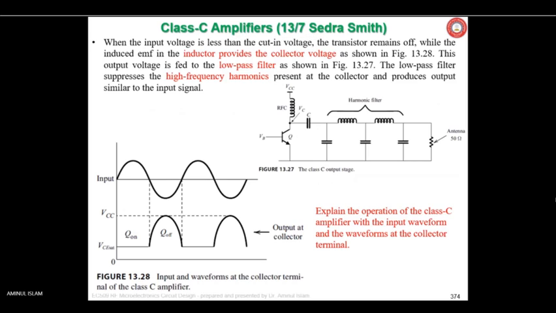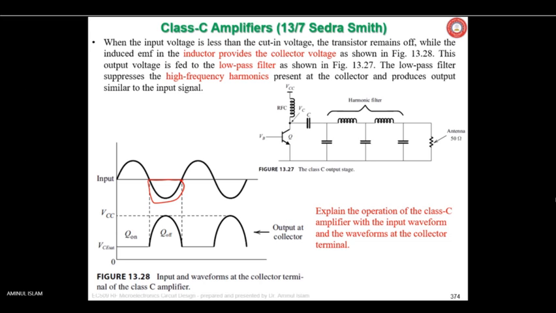When the input voltage is less than the cut-in voltage, meaning the negative excursion of the input signal, the transistor remains off. So during the positive excursion, the transistor is on and in the saturation region, so the collector to emitter voltage is nothing but 0.2 volt. When the input signal is negative, it is off.